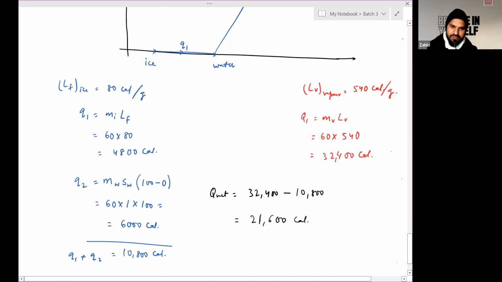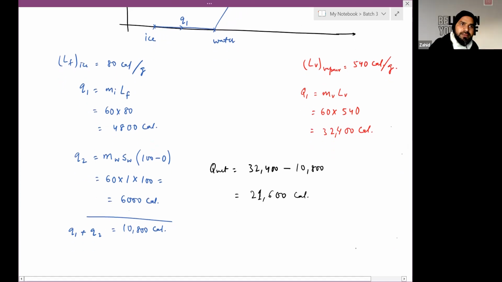So this much heat energy we still have in this system, and this amount of heat will tend to convert some of the water into steam. Is it clear? Yes, sir.